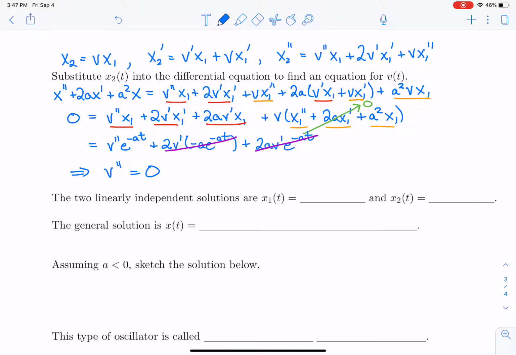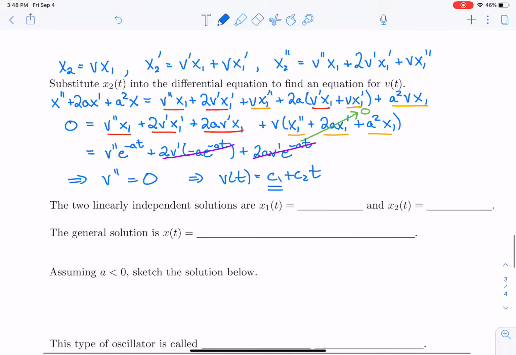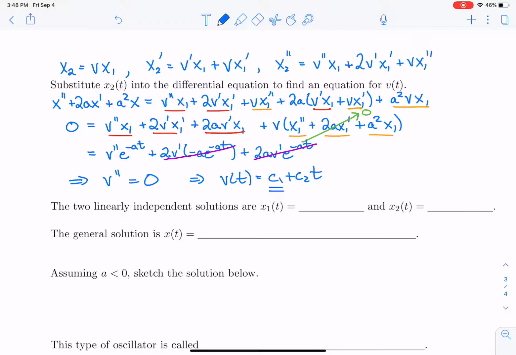So what function has a second derivative that's 0? That function is going to be v of t equals a linear function, c1 plus c2 times t. Now, I don't need the c1 part because I'm going to multiply this function by x1, and that will just give me a constant multiple of x1.